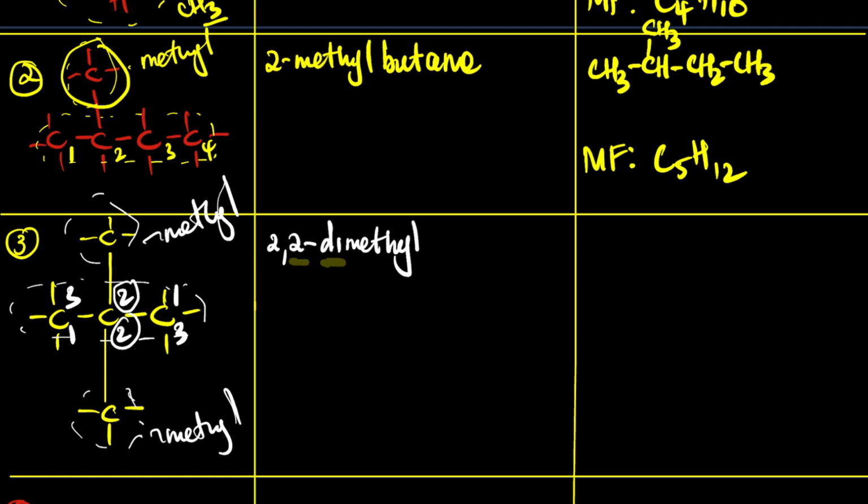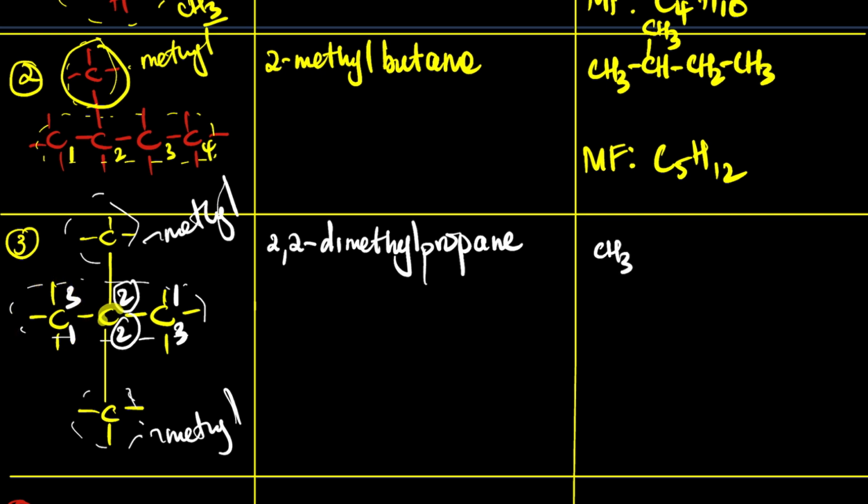It's 2 of them. And then the parent here is 1, 2, 3. Remember, we said that the parent is this one. That means it's prop. And there's no double bond here, no triple bond. So it's 2,2-dimethylpropane. So the condensed structural formula here is going to be CH3, which is this part, right?